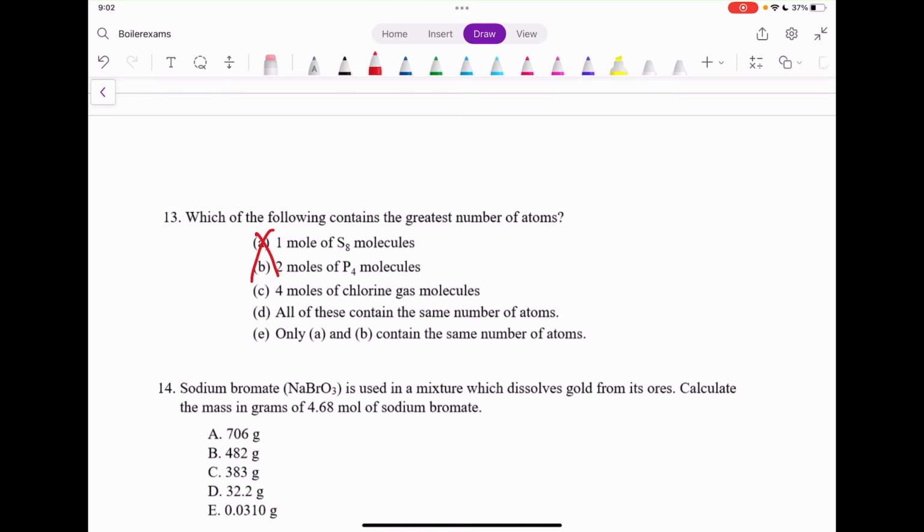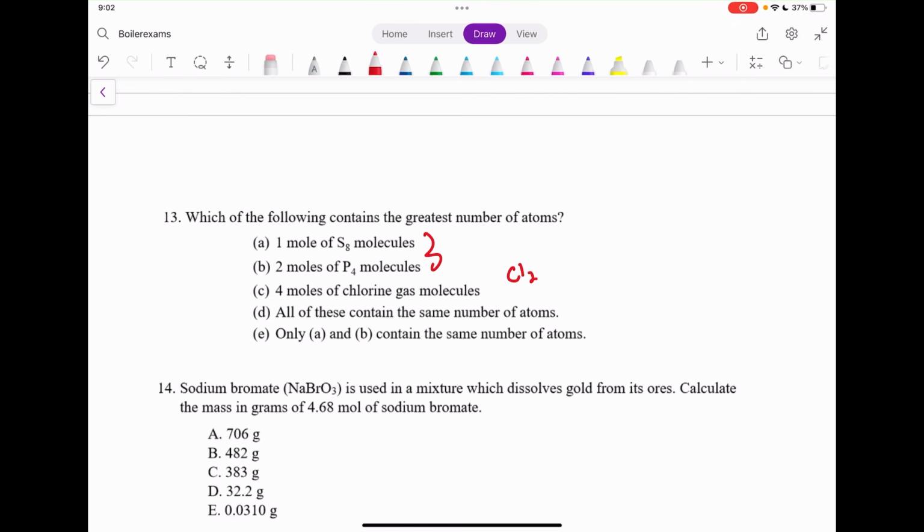4 moles of chlorine gas. Chlorine is diatomic. Actually, maybe it could be A or B. Looking at answer choice E. Anyways, let's just figure out what it actually is, and then we'll look at it. Chlorine is diatomic, and if we have 4 moles of it... Well, I shouldn't erase my work.